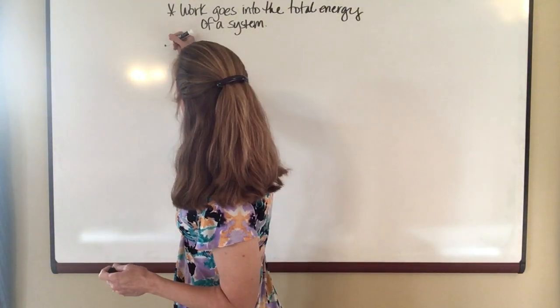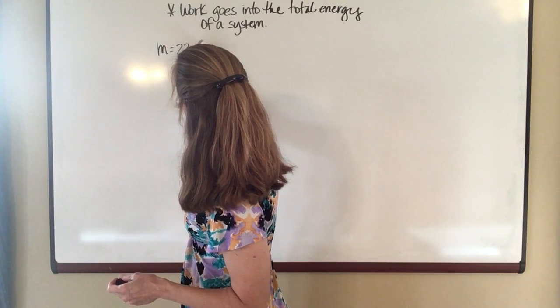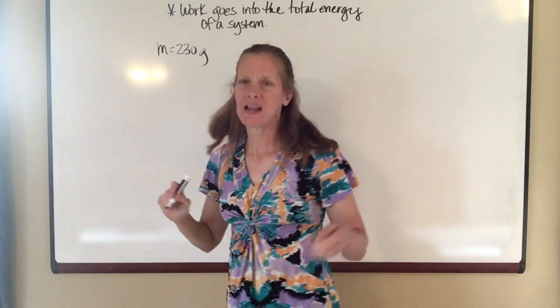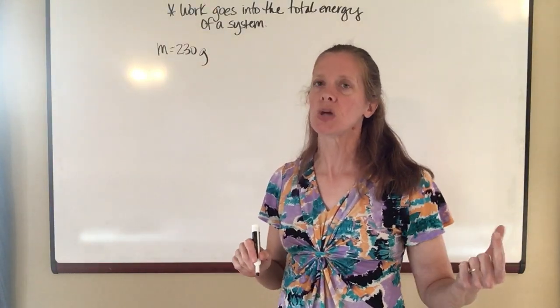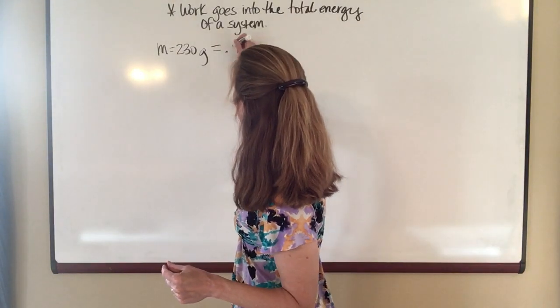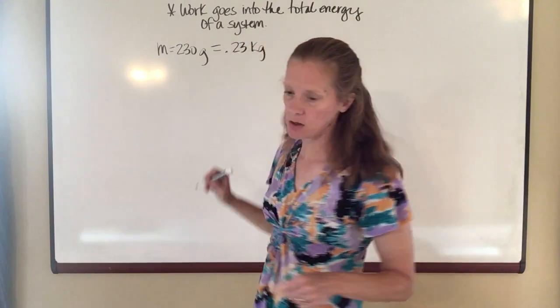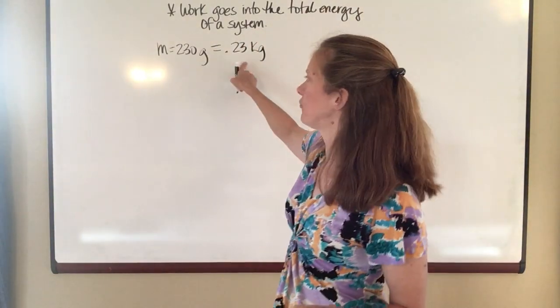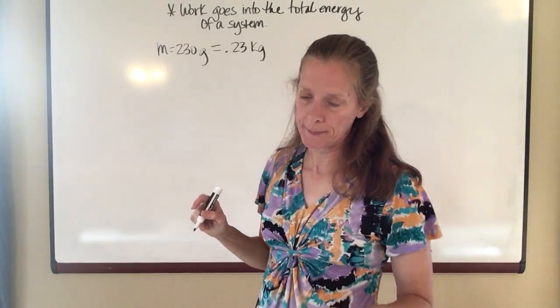So what have I been given? I know that the mass of the object is 230 grams. Anytime I do calculations, if I'm going to be using newtons and joules, I know that mass is going to have to be in kilograms. So I'm going to change that to 0.23 kilograms. I'm only going to need two significant figures, so I'm going to take that 0 off so that I don't mess those up.